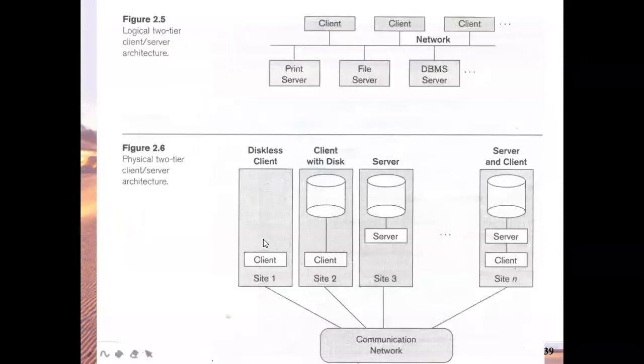So here you can see this is two-tier client server architecture wherein clients are at one end, which may be connected through network, and the servers are at the other end. There is a DBMS server, file server, and print server, etc. So this is a logical diagram, and physically the connection may be like this.